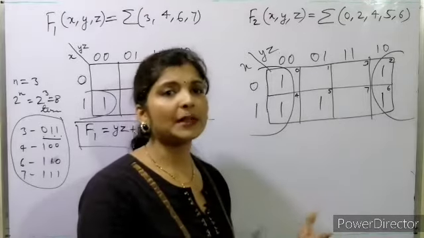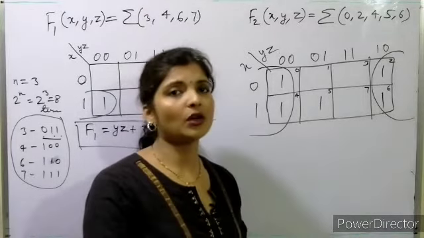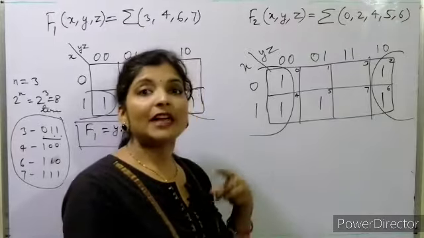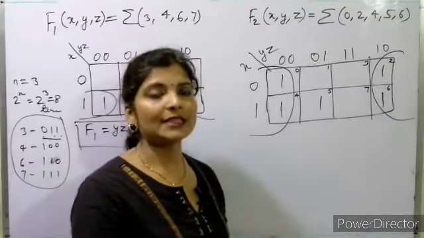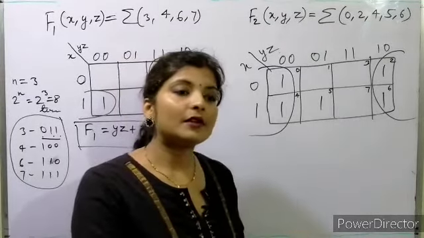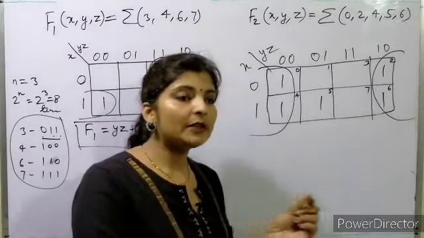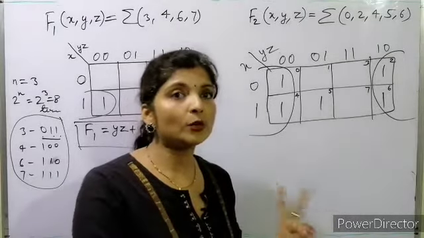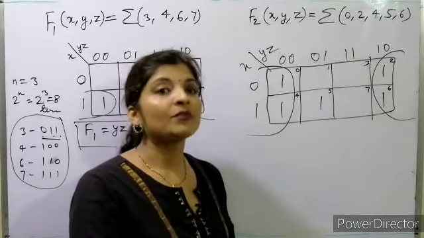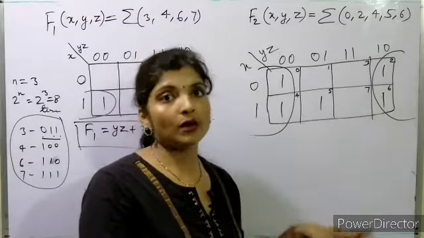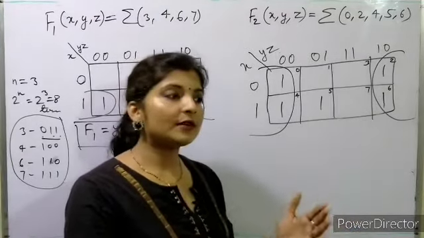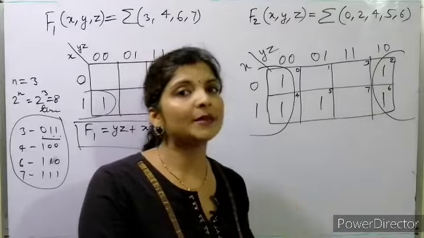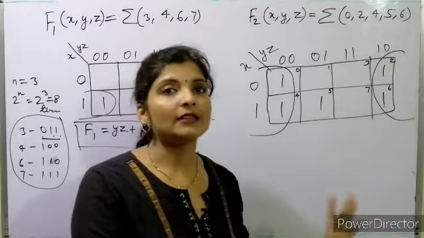All the 3 variables will be there, either the variables or the complements. Okay, but when we are taking 2 boxes at a time, one variable will be missing, that will contain only 2 out of 3. And when we are taking 4 boxes at a time, there will be 2 variables missing, only 1 will be there.